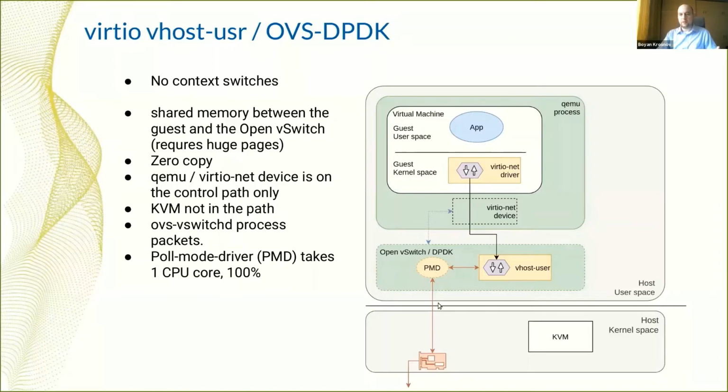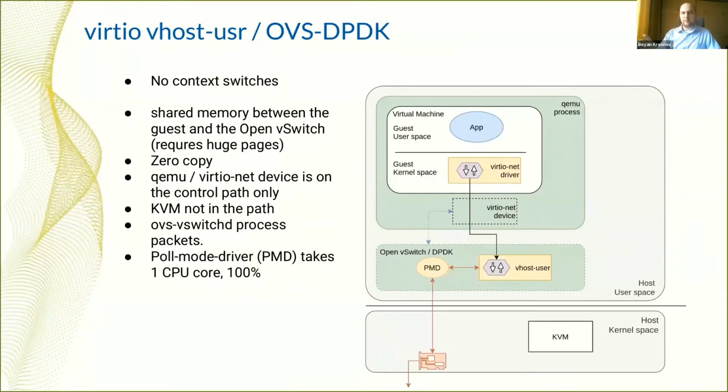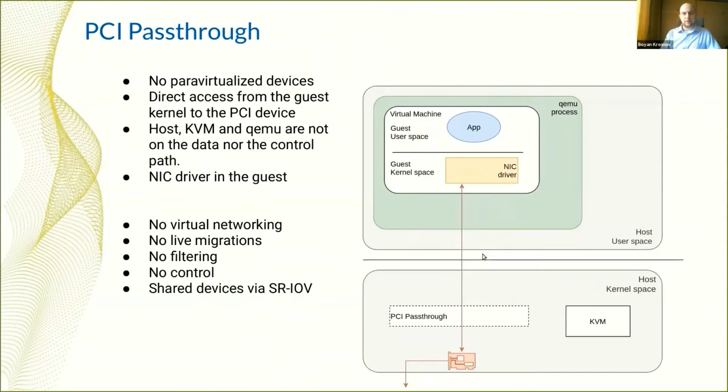The drawback is that this process needs a dedicated CPU core or more, depending on how much performance you need. The positive is that there is a very large throughput and latency difference between the previous approach and this one. And lastly, you have PCI Passthrough.